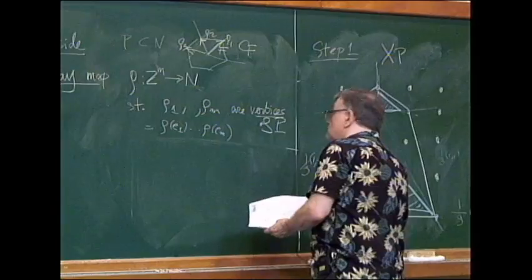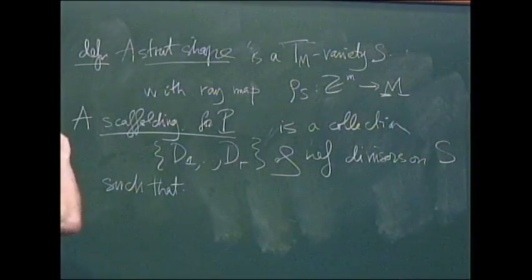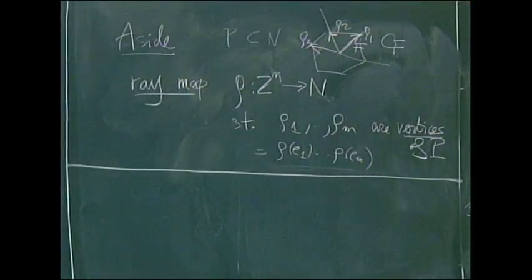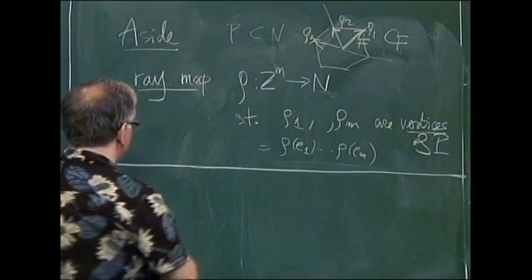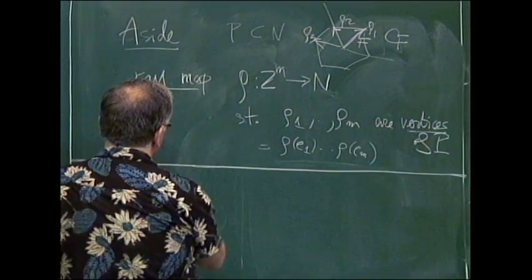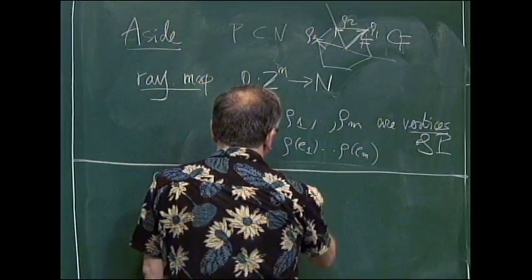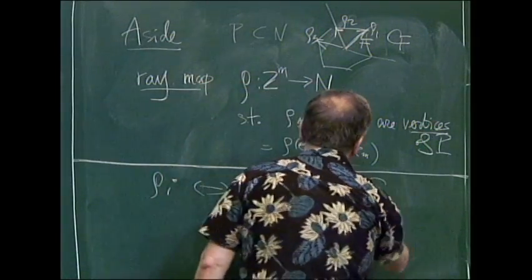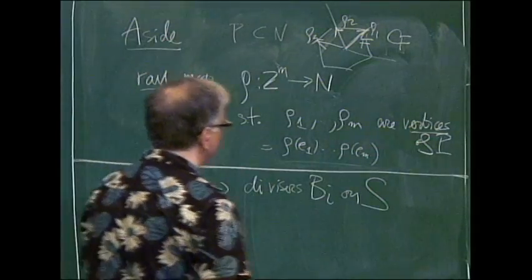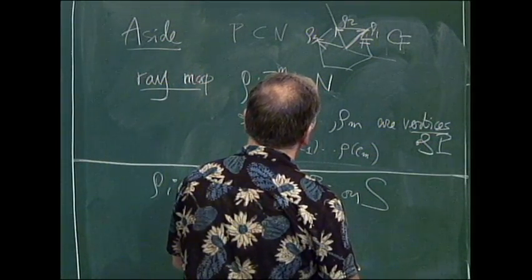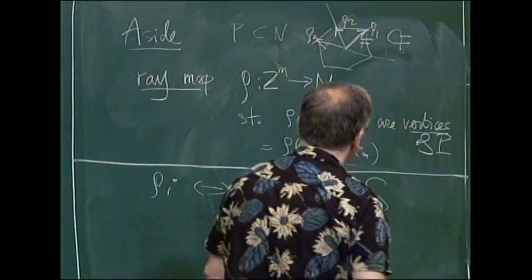So in a picture like this, the rays rho i, or reflexive vertices of P, are in correspondence with certain divisors Bi on S. And that's because, remember how S was built out of affine spaces.